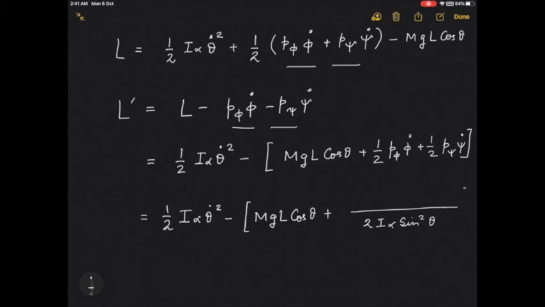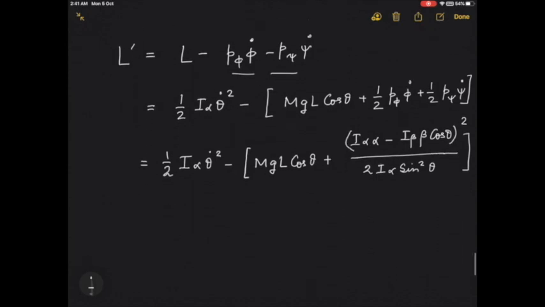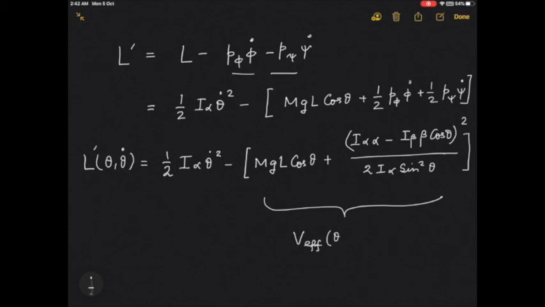This 2 is coming from the half, and in the numerator I have I alpha minus I beta cos theta whole square. So that is my reduced Lagrangian, which is now only a function of theta and theta dot. And what we call this? This is the V effective as a function of theta.